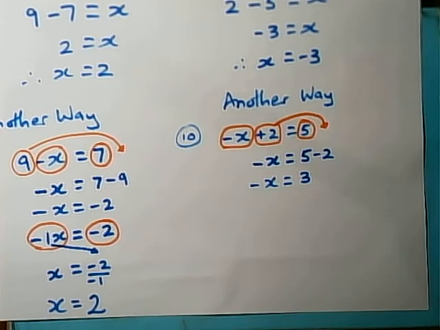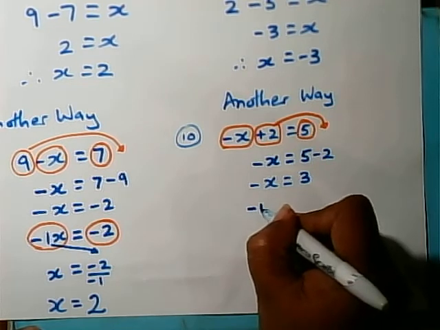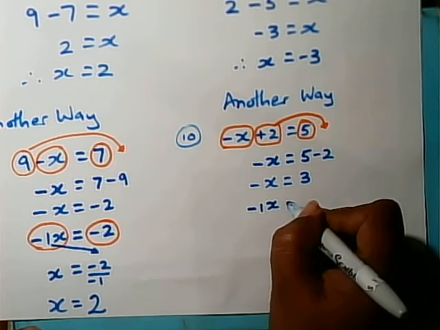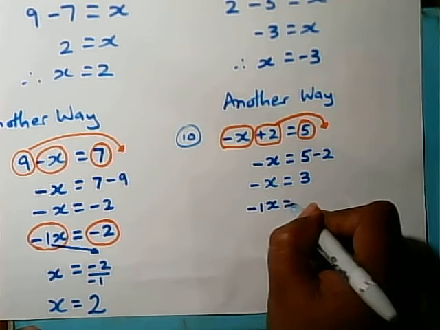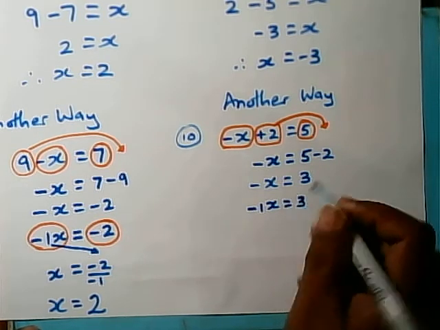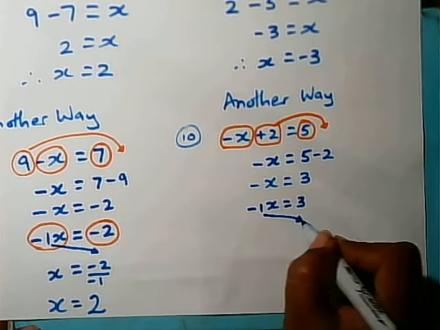So if minus x is equal to 3, another way you could think of it is minus x is the same thing as minus 1x, and so minus 1x is equal to 3. That minus 1 cross multiplies underneath.